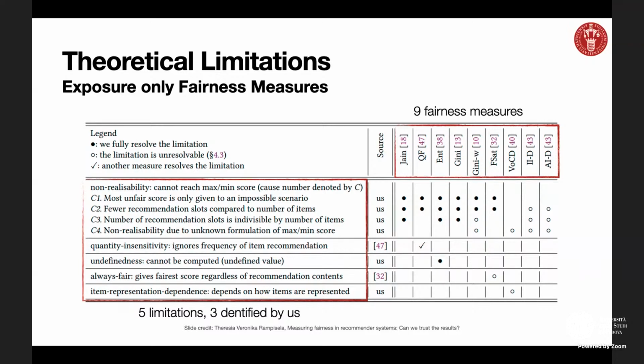And the type of limitations that we have, for example, the non-realizability, is very similar to what we were looking at before with the trauma approach. So what happens here is that because you don't have a real ground truth, or you don't know what the ideal ranking is, you don't know what the range of these measures is. So you don't know if they go from 0 to 1, or what the upper and lower bound is, and sometimes it's not even possible to compute them.